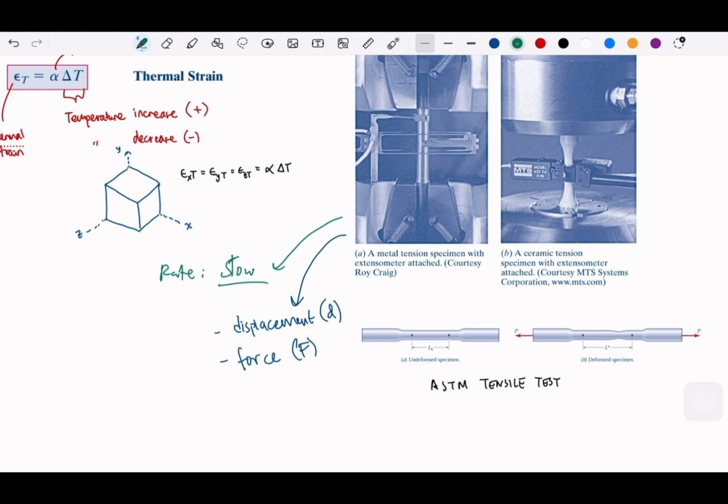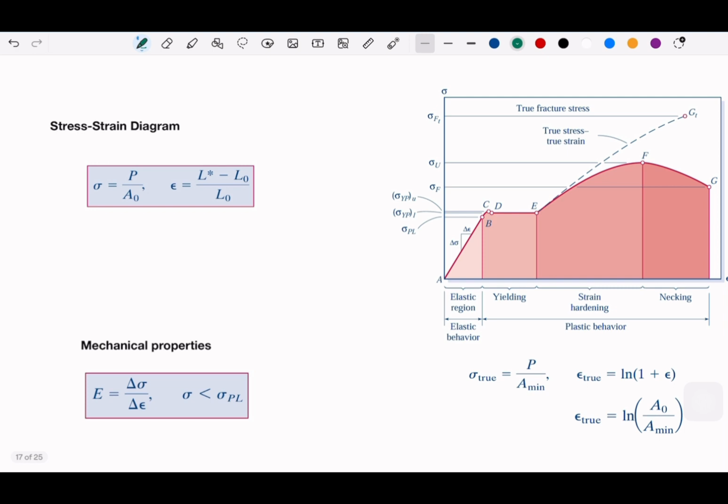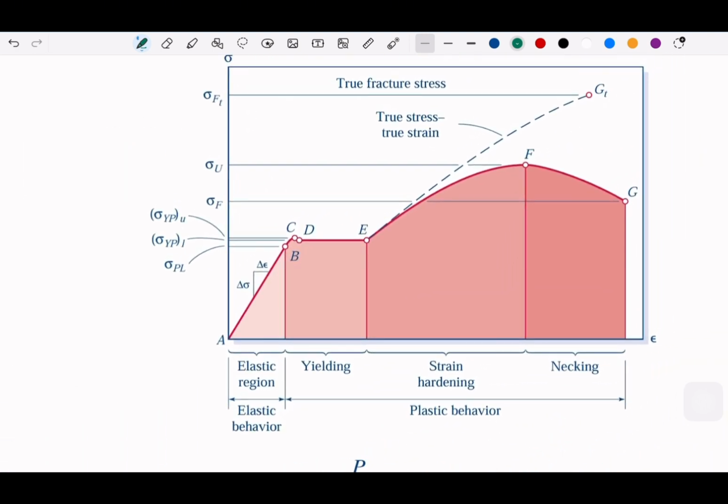After some time, the usual final result is this graph, the stress-strain graph, and you will have all these mechanical properties, which I will review.